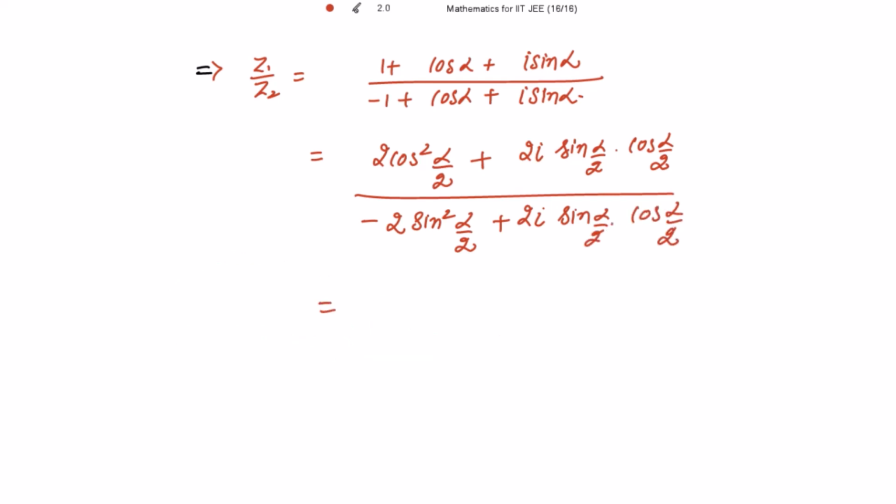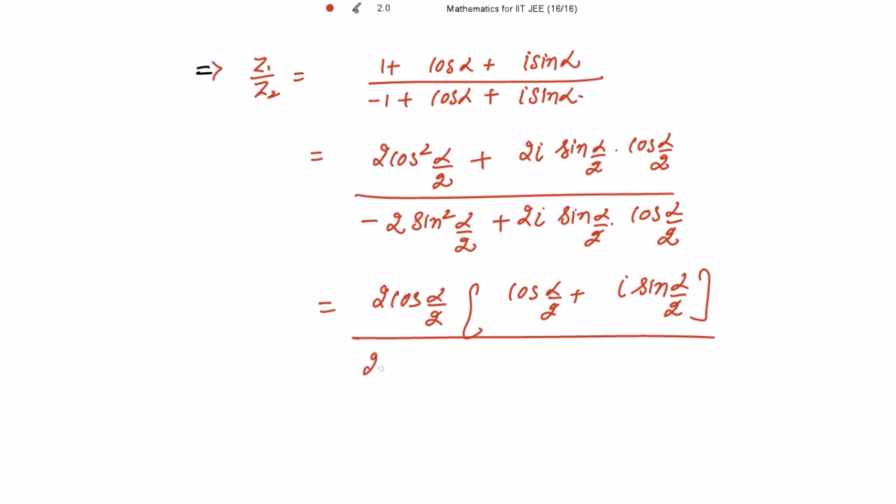And now taking common 2 cos alpha by 2 from the numerator and 2 iota sine alpha by 2 from the denominator. So taking 2 cos alpha by 2 from the numerator common, this is cos of alpha by 2 plus iota sine of alpha by 2.